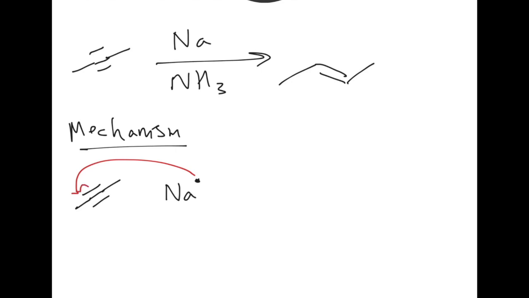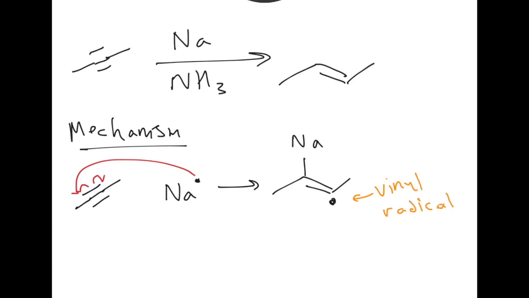These electrons are gonna go meet it. And so this guy right here is a vinyl radical. So the carbon that's on a double bond that has a radical on it.